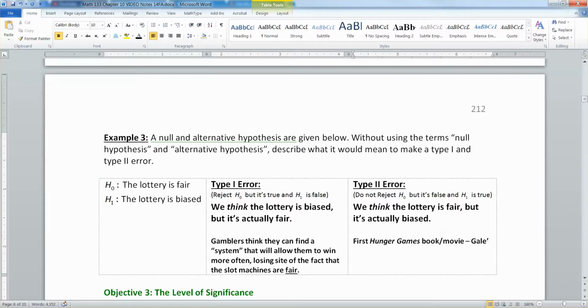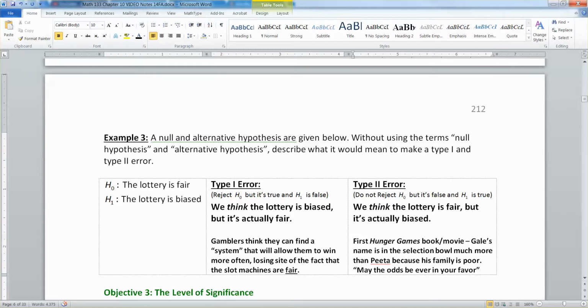So Gale's name is in the selection bowl much more than Peeta, for example, the other male character, because his family is poor, right? So it seems like, you think it's fair that they talk about may the odds be ever in your favor, but it's actually not in anybody's favor.